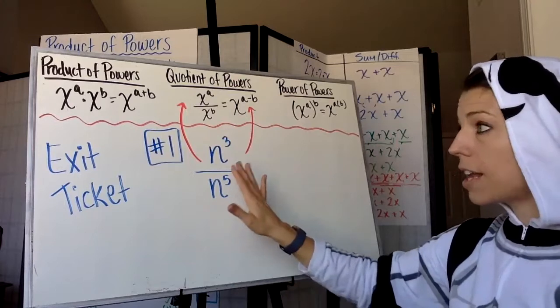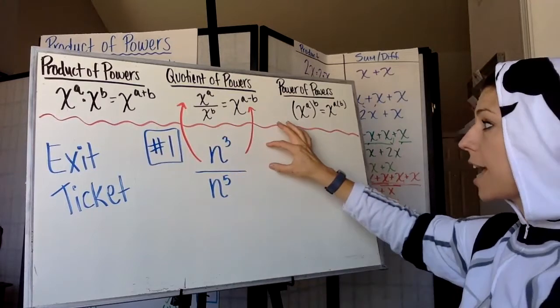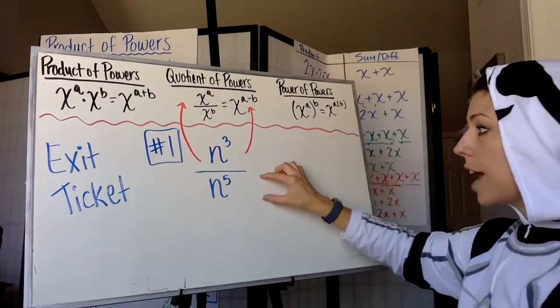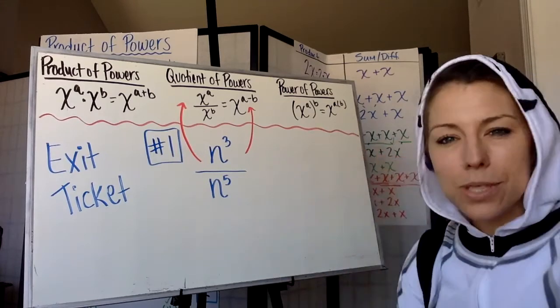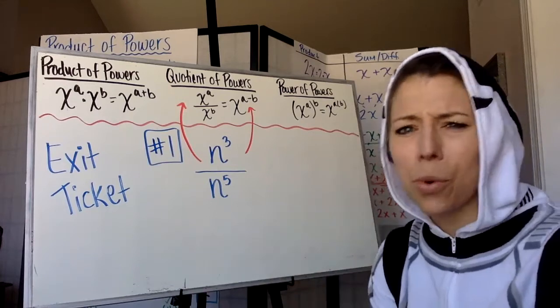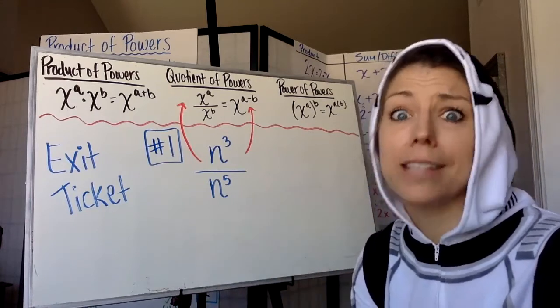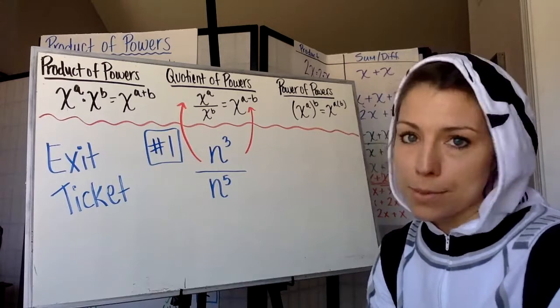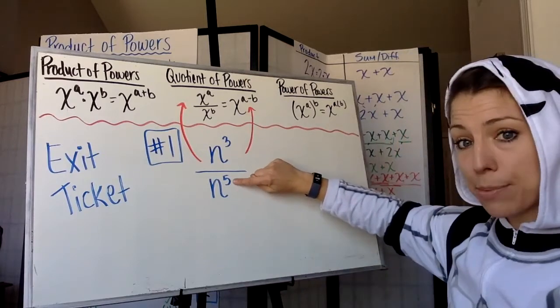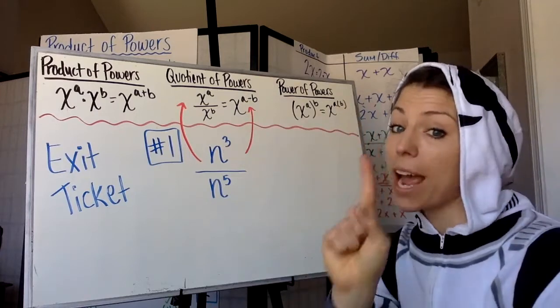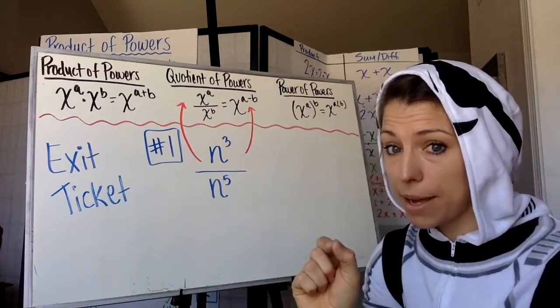Now I could go the long way and write it out: n times n in the numerator, n times n times n times n times n, 5 n's in the denominator. But let's use the rule. Let's just do this quickly, right? Let's actually do something fast for once in our lives when it comes to math. So quotient of powers, you take the larger exponent and you subtract the smaller one, because right now we have not talked about negatives.